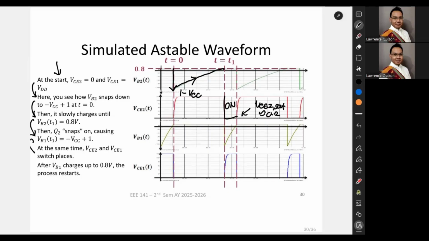While that happens, this other side is now at 1 minus VCC, and it starts charging up to 0.8 again. And when it reaches 0.8, this time the other side turns on, and so on and so forth. This is just the accompanying waveform of the analysis we did earlier.